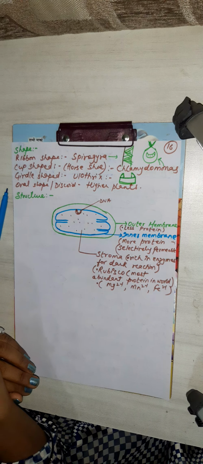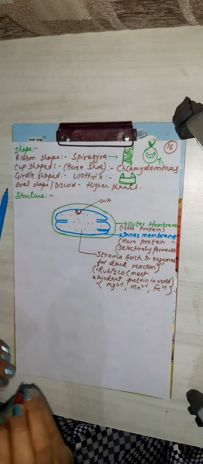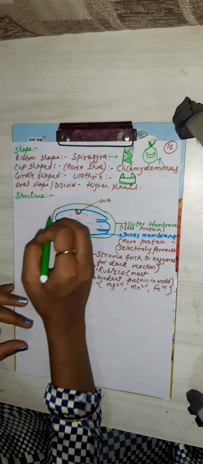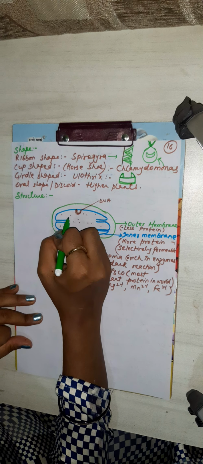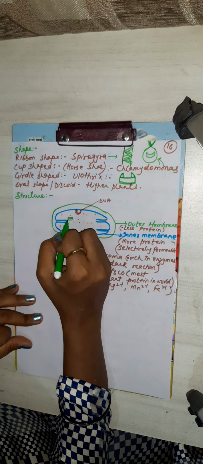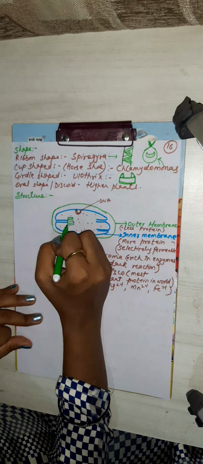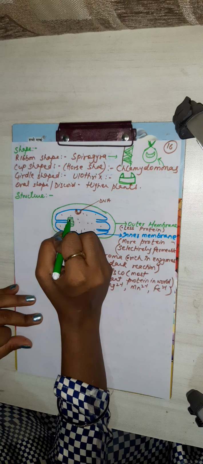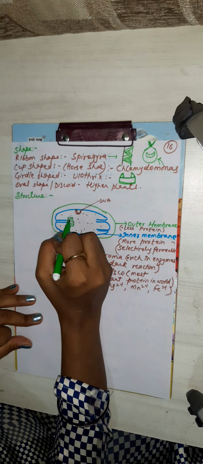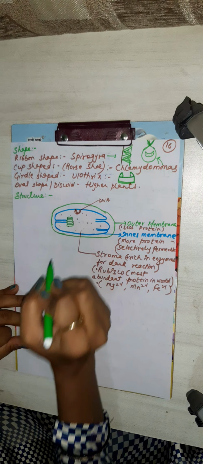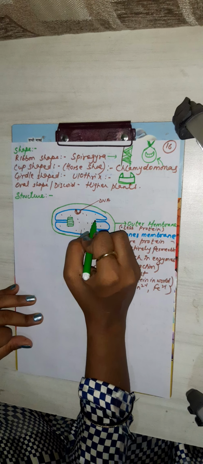Next is thylakoid. We will discuss about thylakoid. Okay, here light reactions take place.